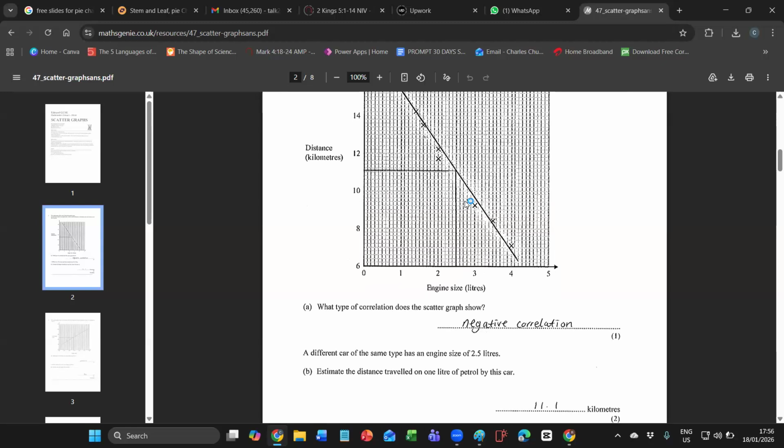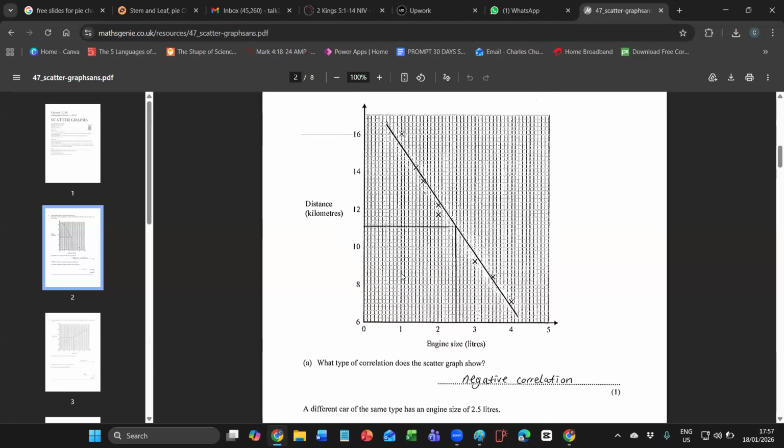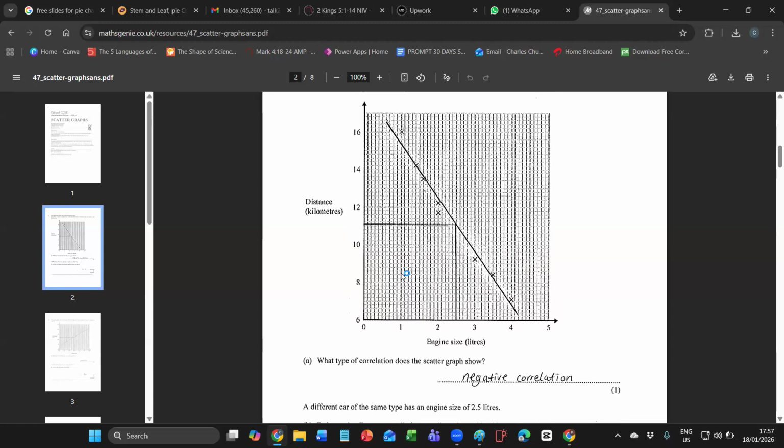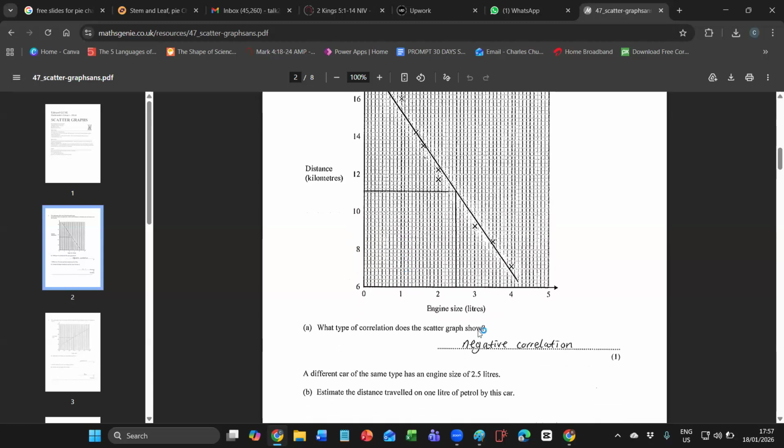Okay, so 1 liter of petrol would be, if we paste it to the graph, let's see. Oh, sorry, engine size is 2.5. Not 1 liter, it's 2.5. So 2.5 is between 2 and 3.